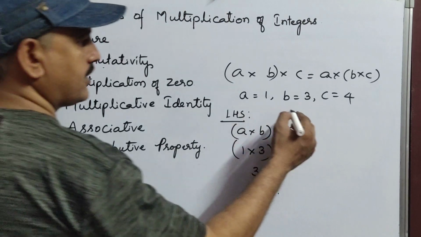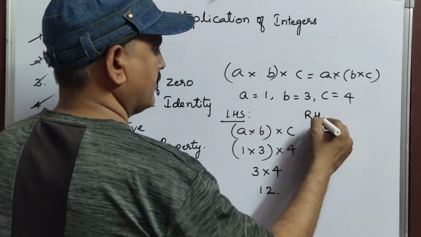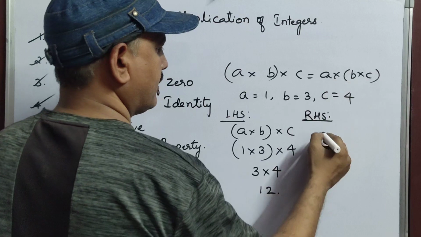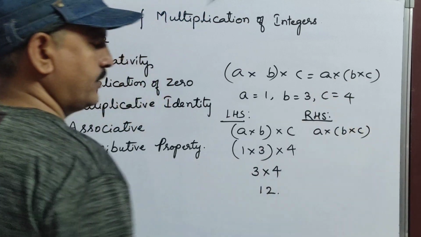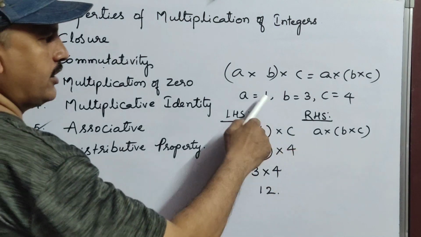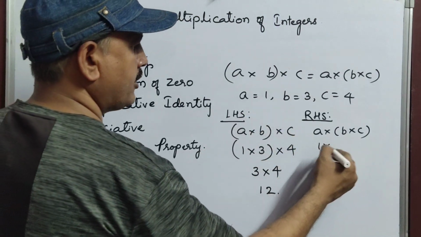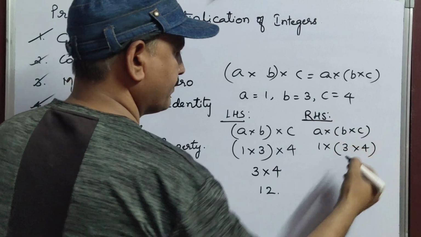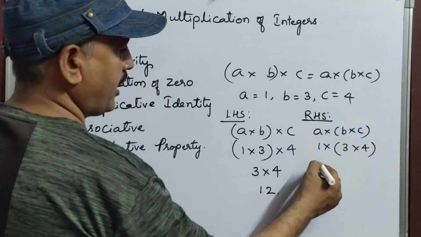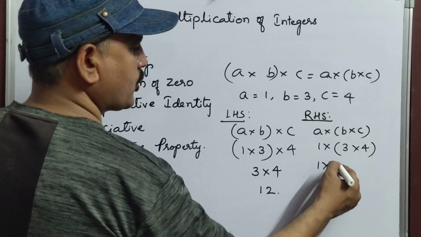Now come to RHS here. RHS means (a into b) into c. Now what is the value of a, children? 1. So 1 into b value 3, into c value 4. Now 1 into 3 is 3, and 3 fours are 12.